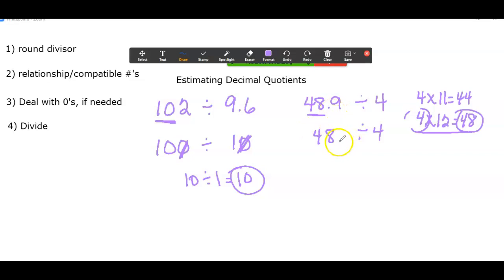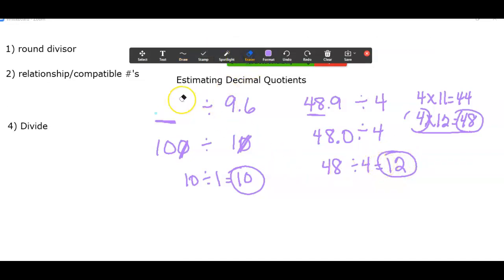Now, I could, if I really wanted to, add a decimal and a 0 afterwards, but remember, this 0 doesn't mean anything unless there's another digit after it. So I could write it that way or just write it as a whole number. Either way, both of these mean exactly the same thing. Well, I can see that if 4 times 12 is 48, 48 divided by 4 is 12. So my estimate there is 12.